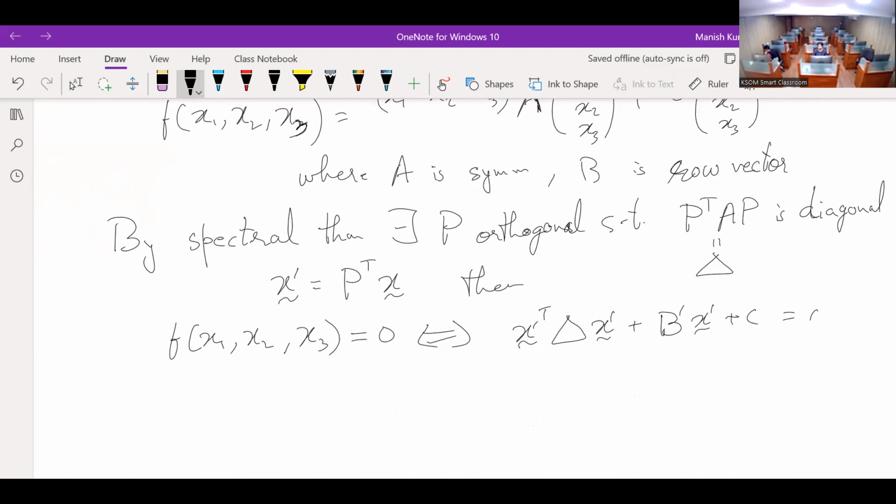So these two give you the same equation.